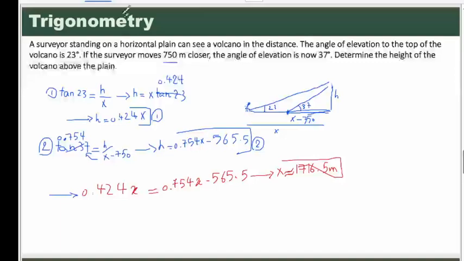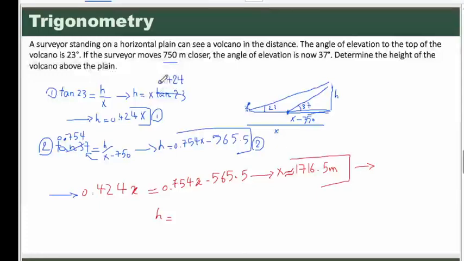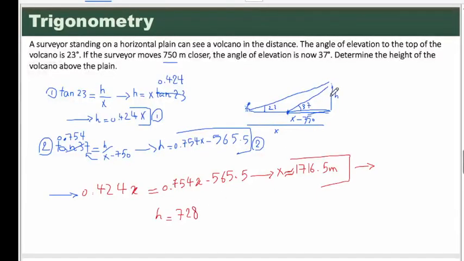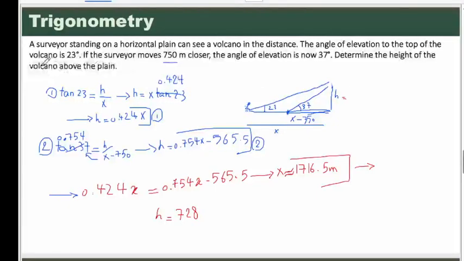If I put this value of x in one of these two steps, step number 1 is easier. I only substitute the value of x in step 1, and I will get h as this amount times 0.424. That gives me h equals 728. So I find the height of the volcano here.